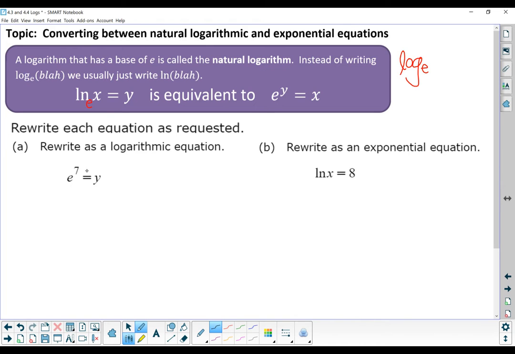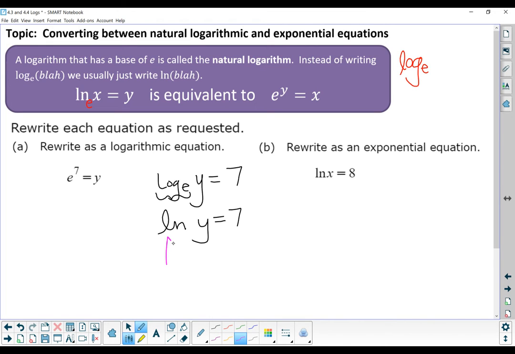So if I want to rewrite this exponential as a logarithmic equation, it would be log base e of y is equal to 7. Except we don't usually write log base e, we usually write natural log. So that's the natural log of y is equal to 7.